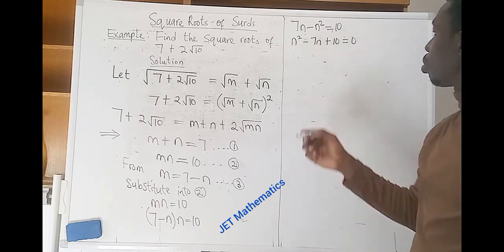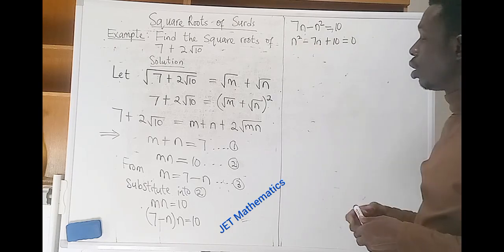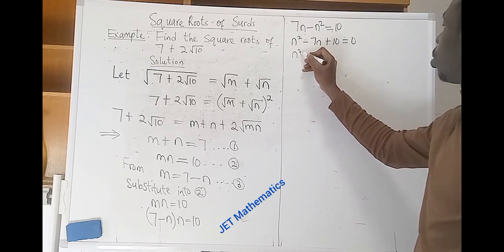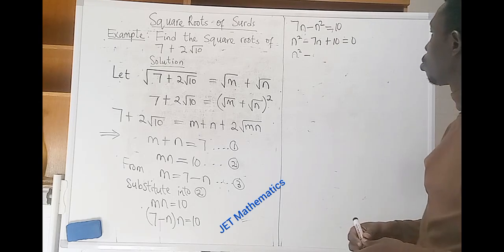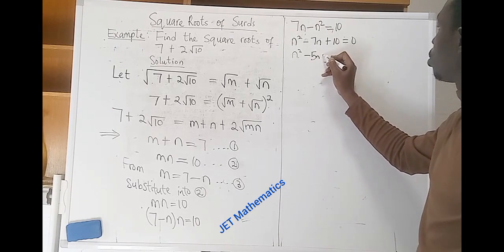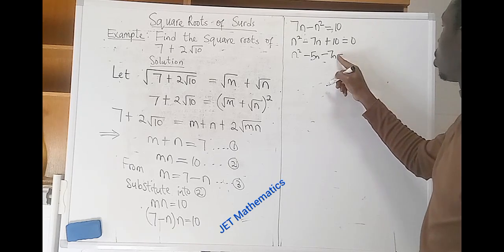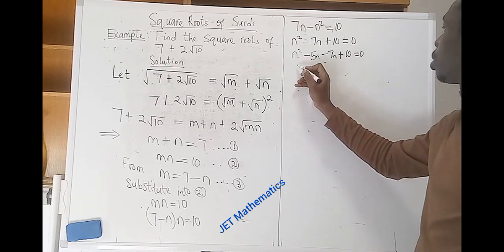So solving this quadratic equation, we're going to have n squared minus 5n minus 2n plus 10 equals 0.